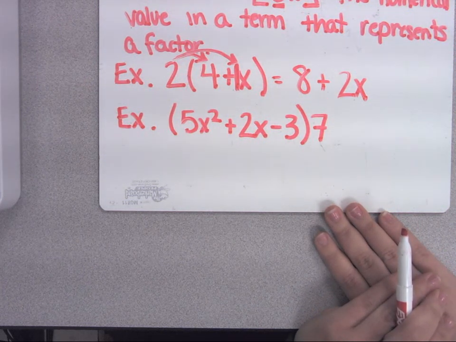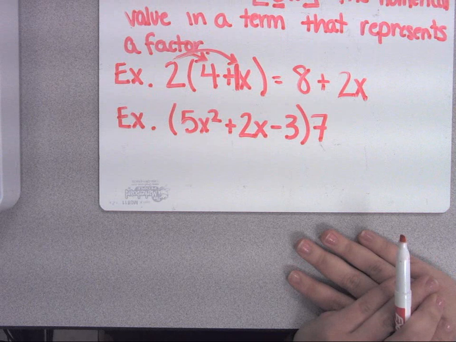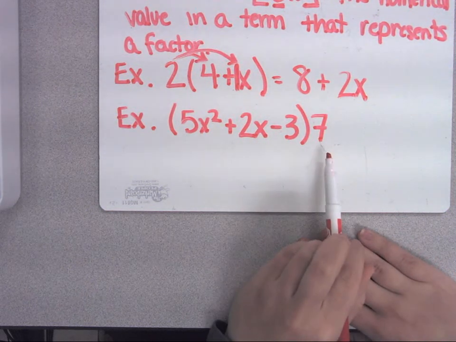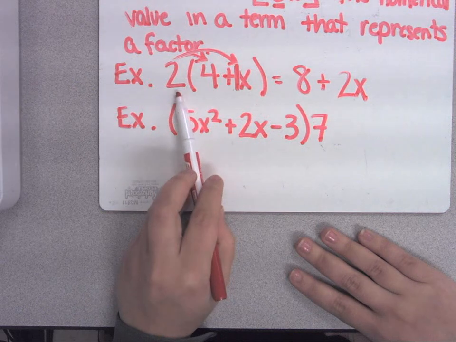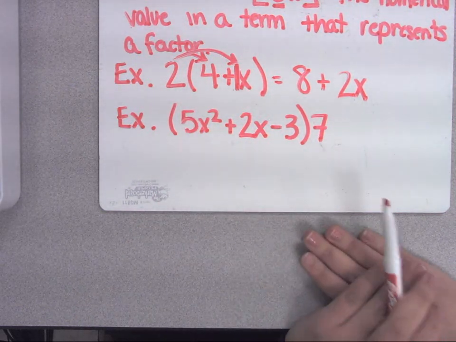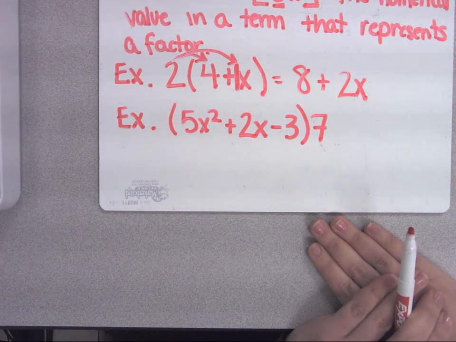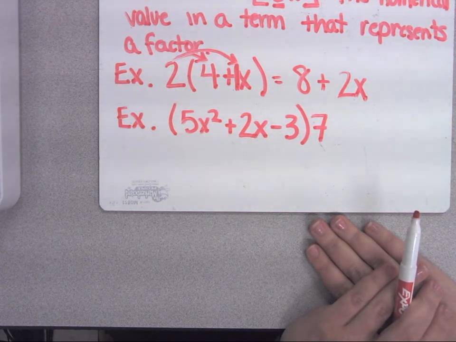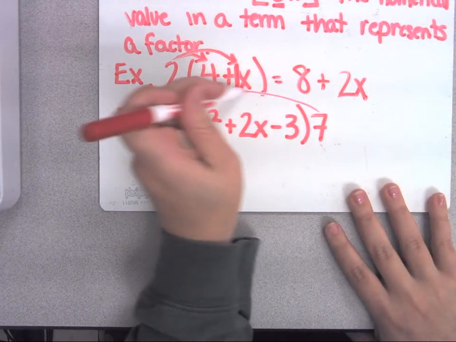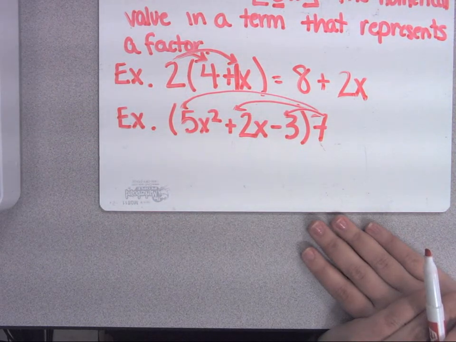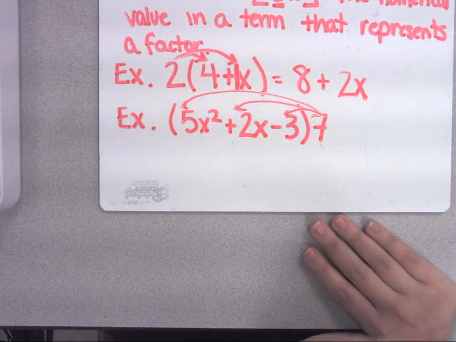Yes. So does that still mean we can distribute? Can we distribute even if it's in the back? Though this was in the front? This still means multiplication next to a parentheses. So though the location is different, is the operation or what it's asking us to do any different? It is not. So we're still going to distribute. It just feels wrong because every time they've given you this problem, they always put it in front.